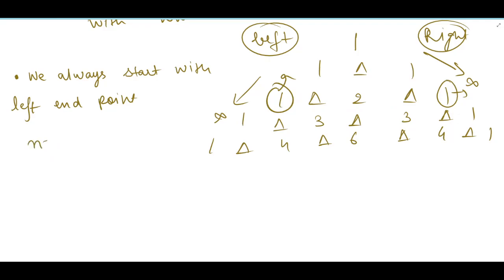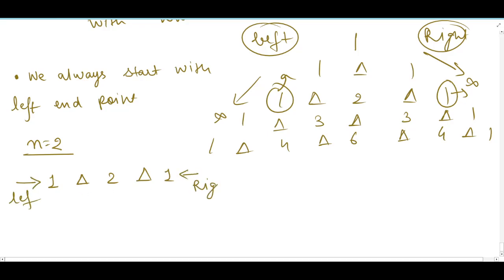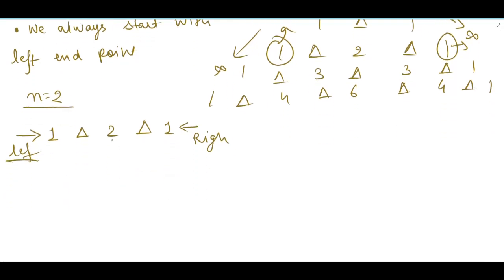If we have n equal to 2, then our numbers will look like 1, 2, 1. So we start with the left side, where 1 is the starting point, and on the right side 1 is the end point.